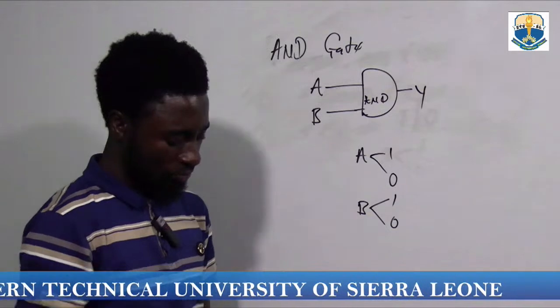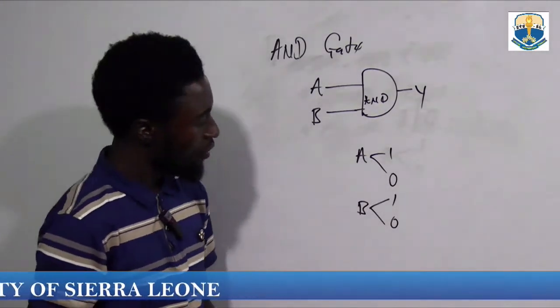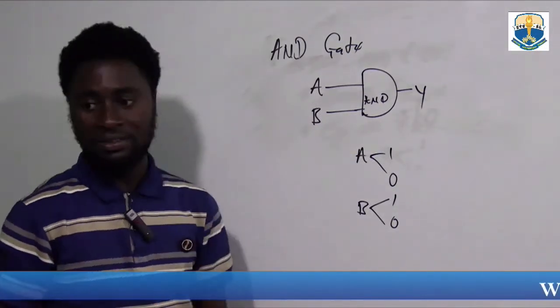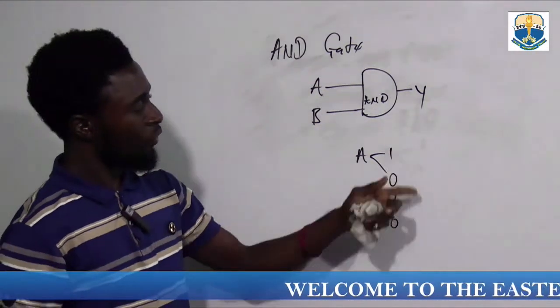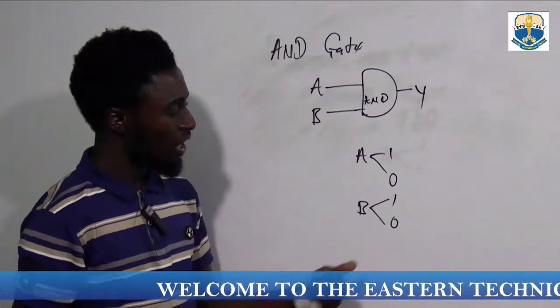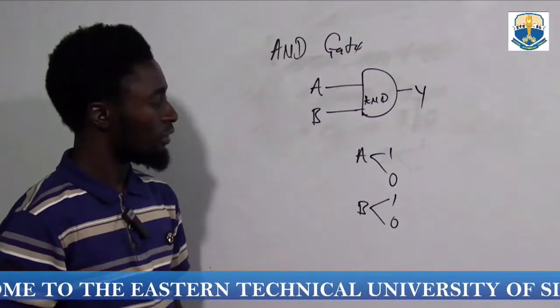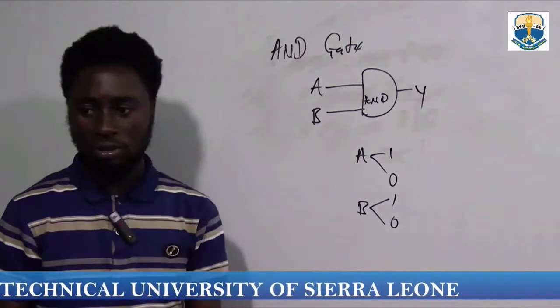So we are expecting to have 4 binaries: 2 for input A and 2 for input B. These are our binaries for the 2 inputs.